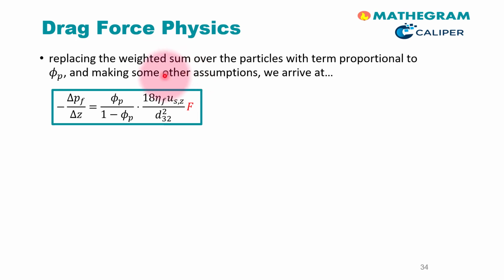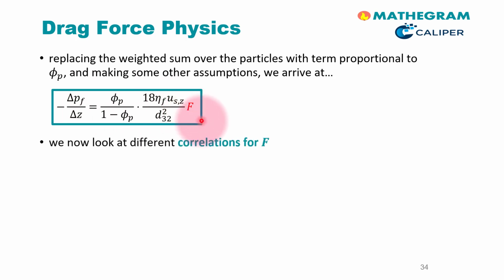Making some other assumptions, specifically that all particles feel the same fluid speed and that the Sauter mean diameter is representative of the particle population, we arrive at this important result. Thus we see that F directly impacts the pressure gradient in a bed of particles. Clearly, the quantity F is the key dimensionless quantity to be predicted.